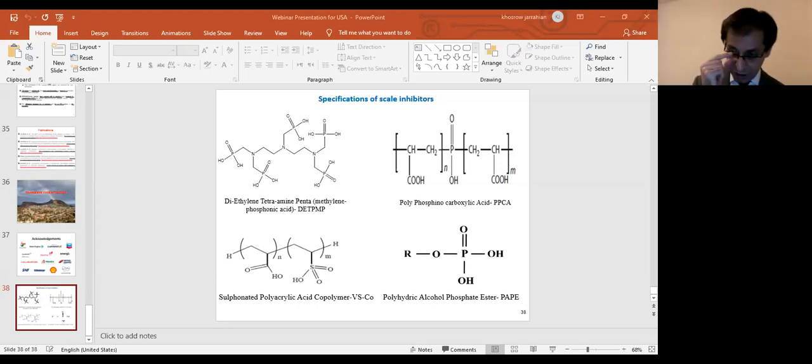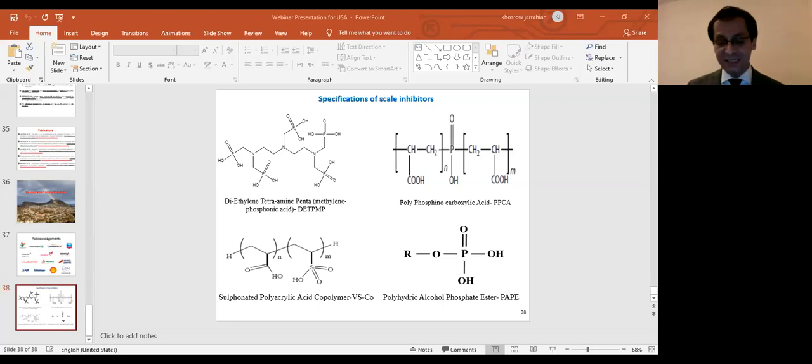Because as I mentioned before, if we don't consider the scale inhibitor properties and mineralogies in the squeeze treatment of the scale inhibitors into the carbonate reservoirs, we may induce a formation damage.